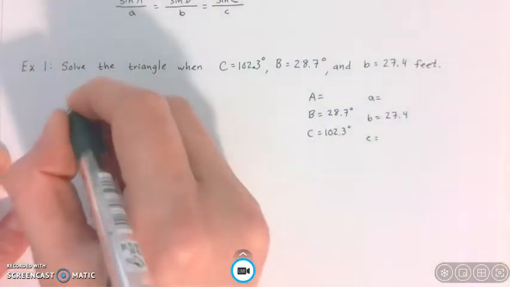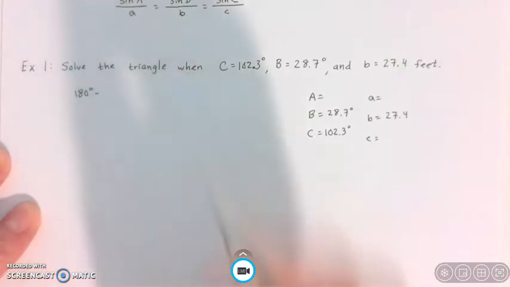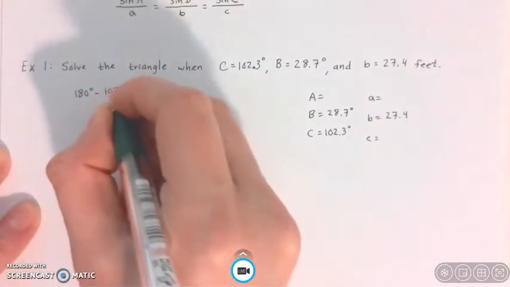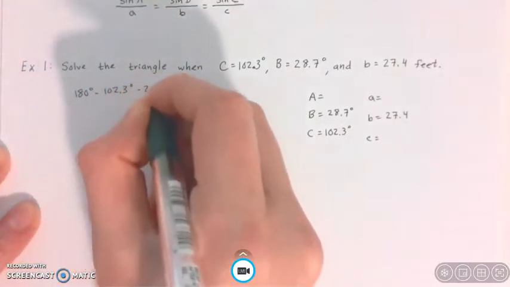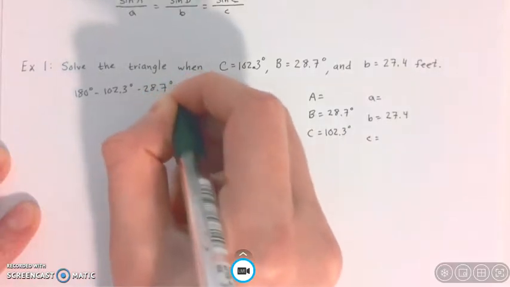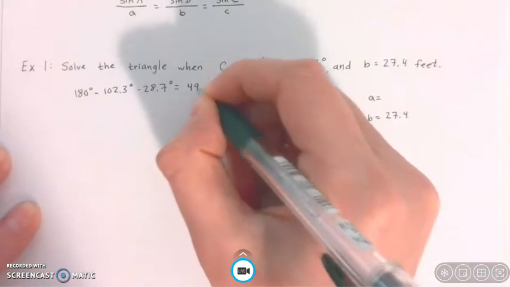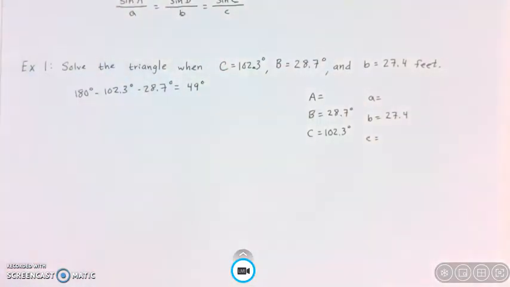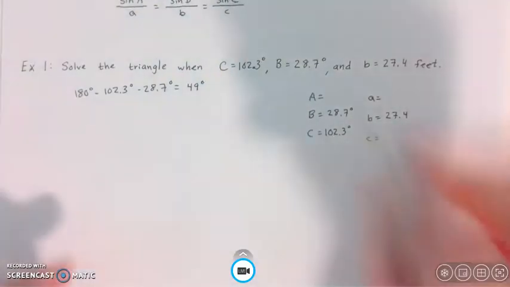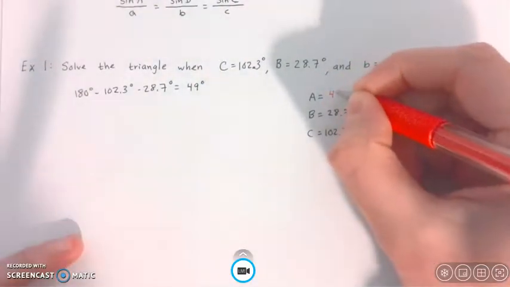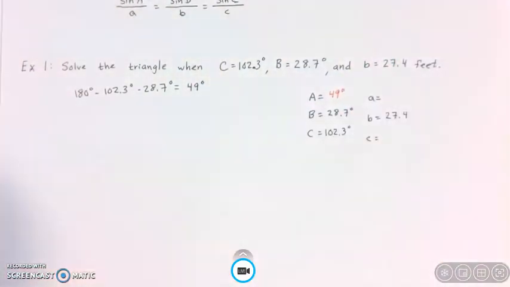So if I do 180 degrees minus 102.3 degrees minus 28.7 degrees, I'm going to get 49 degrees. I've already solved for one thing. I know that this is 49 degrees exactly.